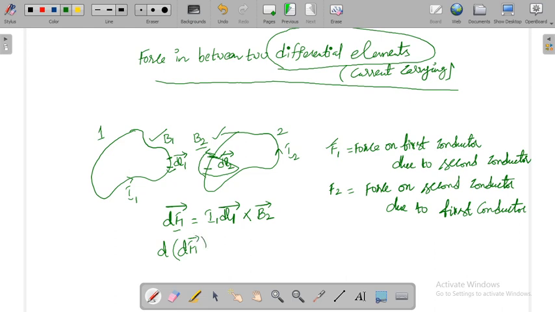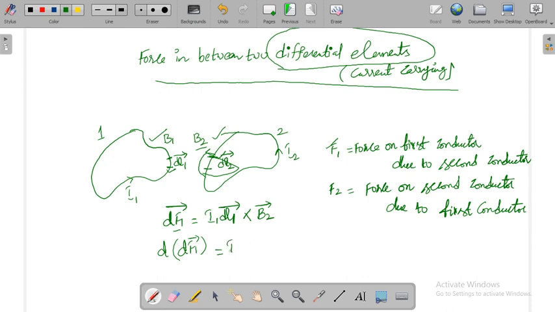It is smaller than smaller, because df1 bar is nothing but the differential force on this small element due to the entire second conductor. But d of df1 bar is nothing but the differential force on this small element due to the second differential element. So that is the reason why I am writing this as d of df1 bar.